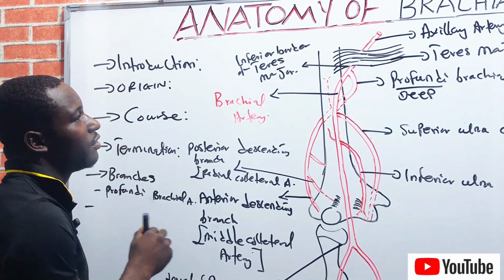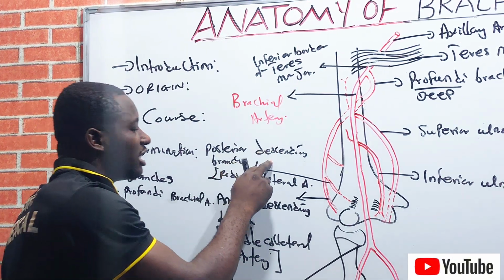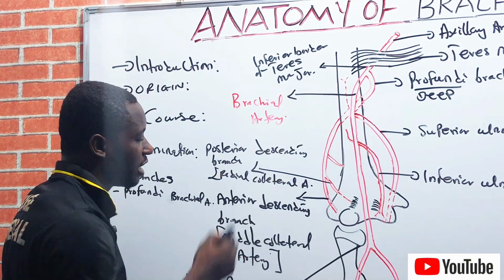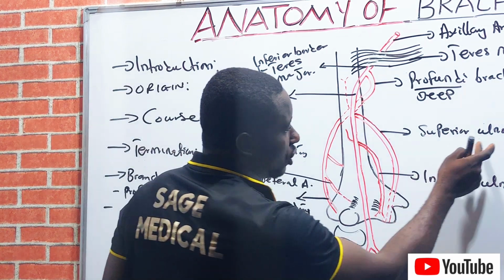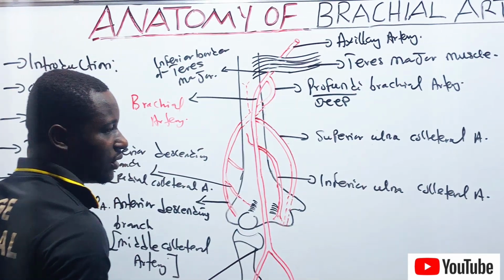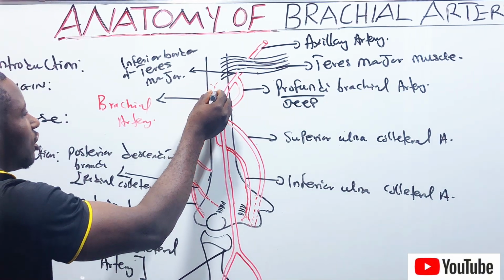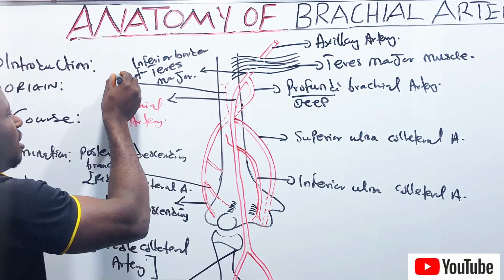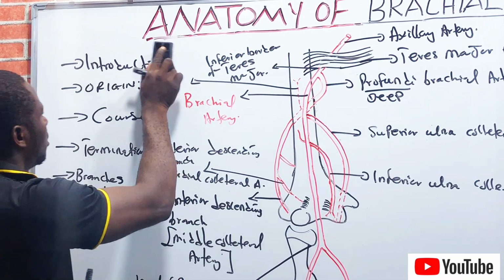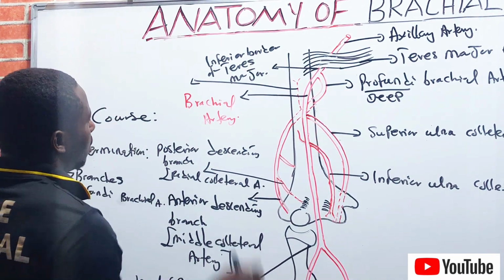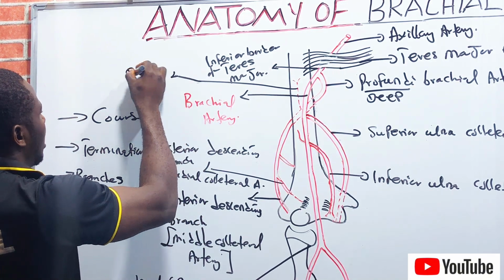So the branches of the brachial artery include the profunda brachial artery, the posterior descending branch of the profunda brachial artery, the anterior descending branch of the profunda brachial artery, the superior ulnar collateral artery, the inferior ulnar collateral artery, the deltoid ascending branch, which is its anastomotic branch.